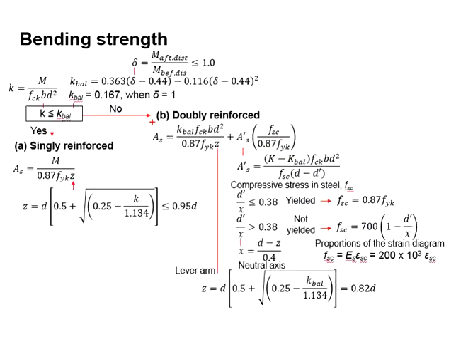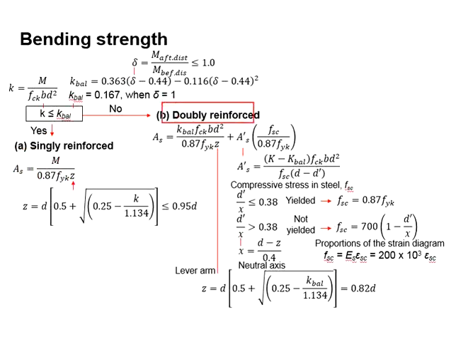The main difference between the singly and doubly reinforced member is the existence of the compression steel bar. For the design of a singly reinforced member, you only need to determine the tension steel bar area.